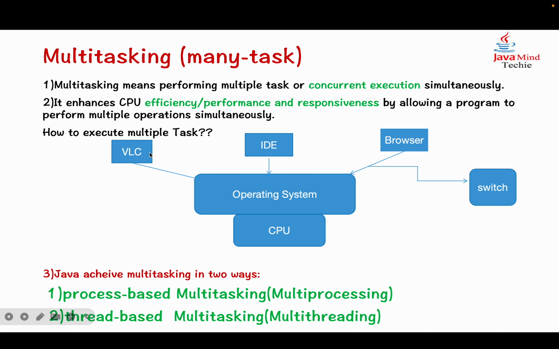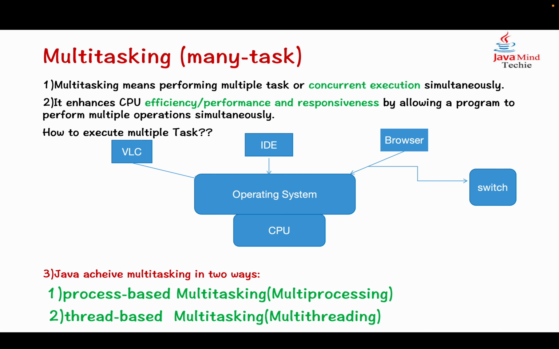The CPU is switching the tasks between each other in nanoseconds, so you don't see how it works internally. That is the main thing, multitasking.